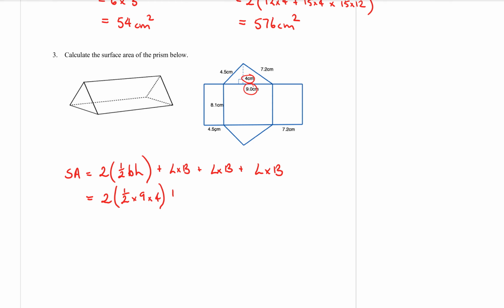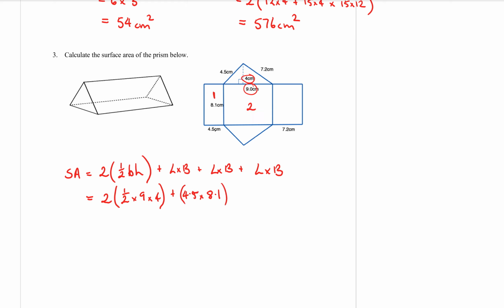Okay, now the first rectangle, I'm going to start here for this one. So that's going to be a base of 4.5 and a height or a breadth of 8.1. So 4.5 times 8.1. Okay, that's for that first rectangle.